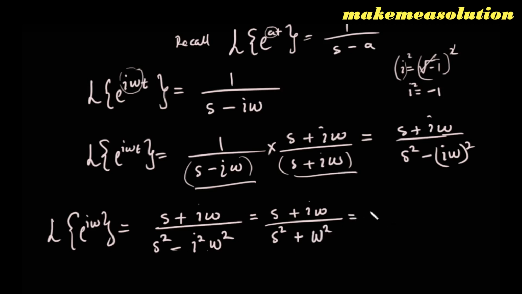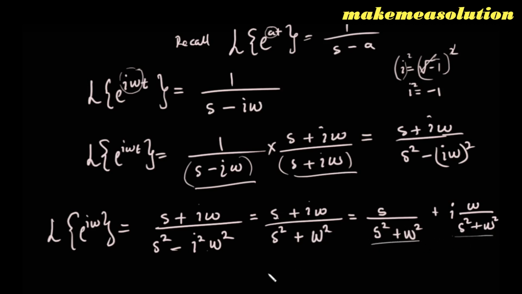Now if you split this, you're going to have s divided by s squared plus omega squared, then plus i times omega divided by s squared plus omega squared. You just apply the rule, like partial fractions somehow: when you have something plus something over a common denominator, each numerator can take that value over our denominator.